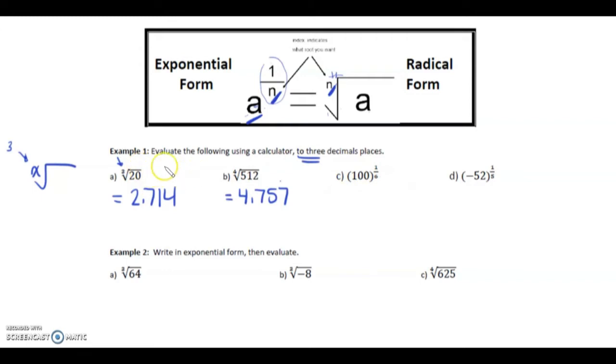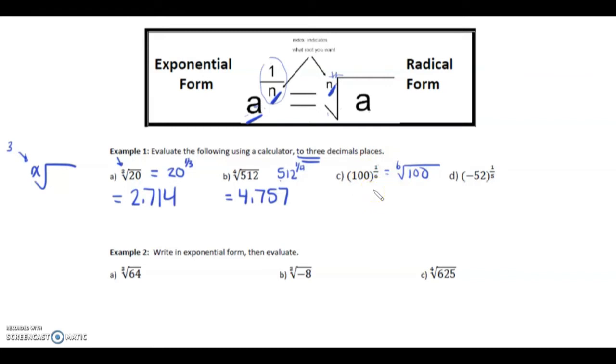For going back, we could have put 20 to the exponent 1/3. We could have done 512 to the exponent 1/4. For this one, you can either put 100 to the exponent 1/6, or you can put the 6th root of 100. Those are equivalent.